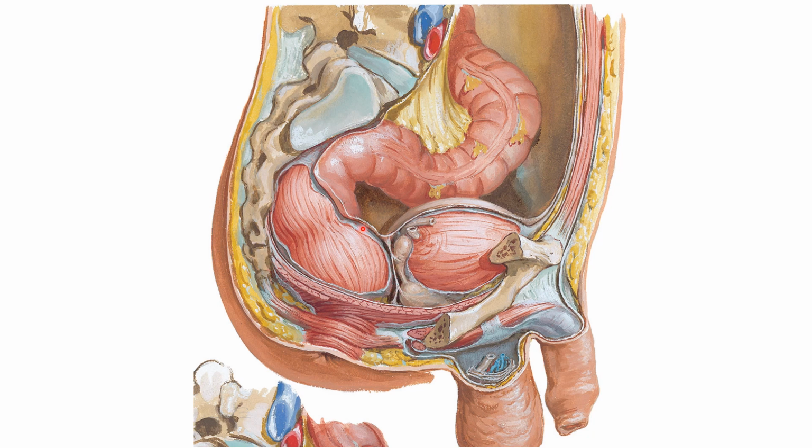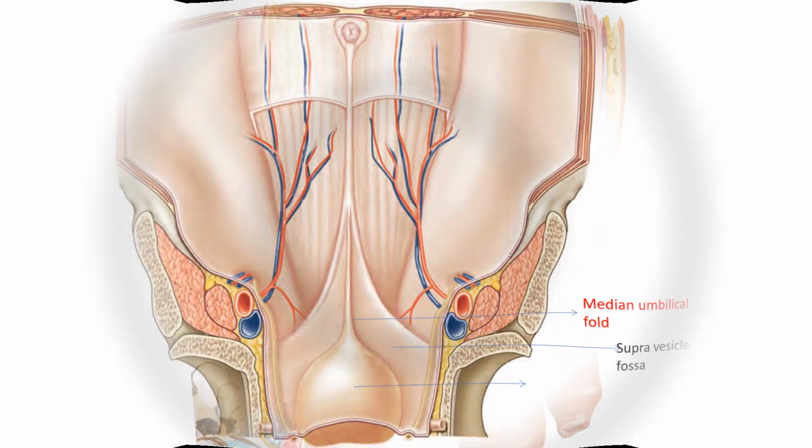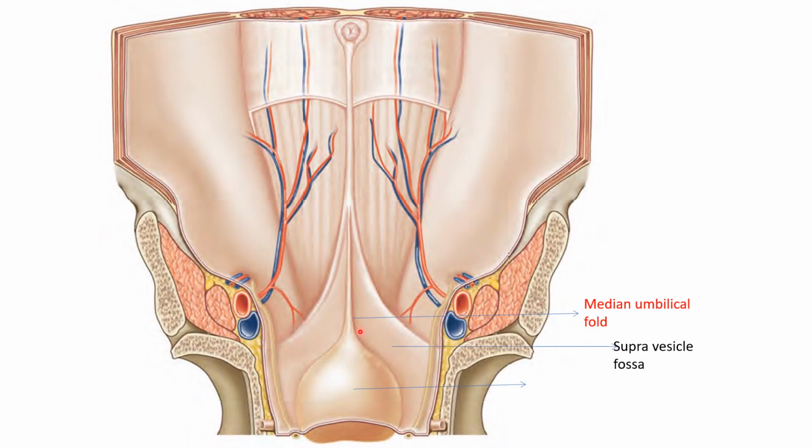Now this peritoneum, which is running over the base and the superior surface of the urinary bladder, extends onto the apex of the urinary bladder, which is projecting anteriorly. Now observe this picture.